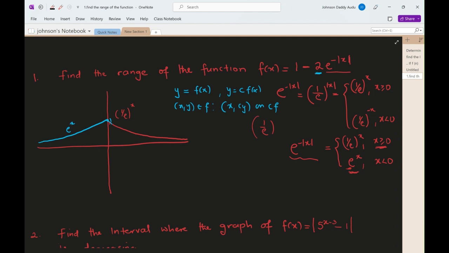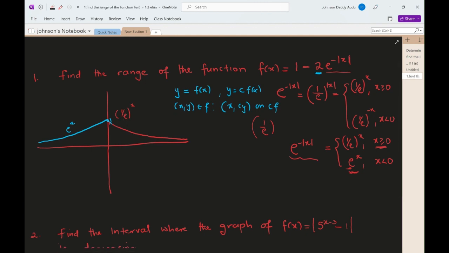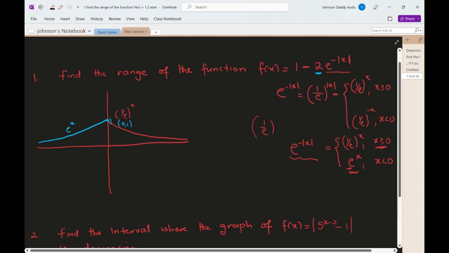So because you have a 2 here, something is going to happen to the graph. This point, originally here, is the point 0, 1.